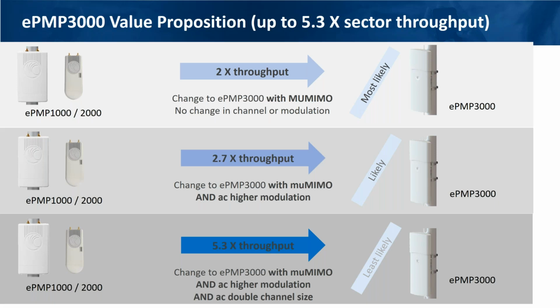So as you go through this, the chart we put here is essentially comparing to your existing ePMP 2000 type product. So MU-MIMO becomes the most likely scenario. Getting 256 QAM higher modulation is a likely scenario, but it's not that common that you get the right SNR levels to hit this in all of your subscribers, maybe some up close. And then last but not least, 80 megahertz channel size brings another incremental step.